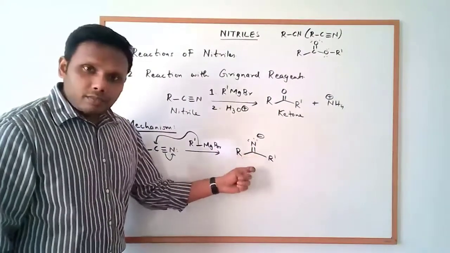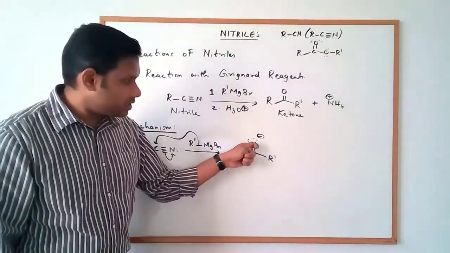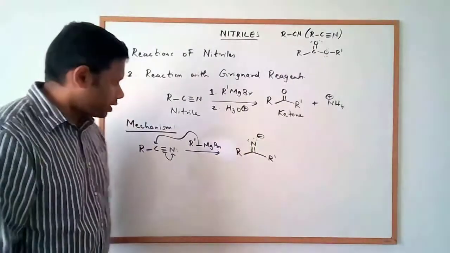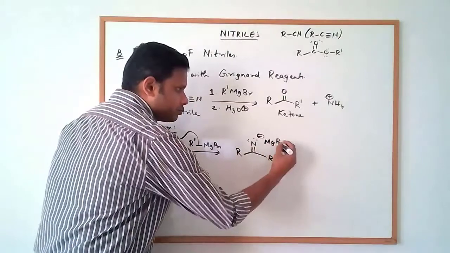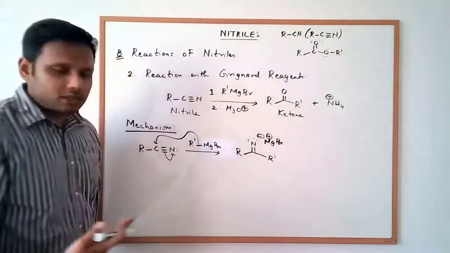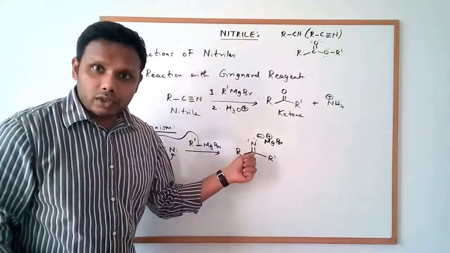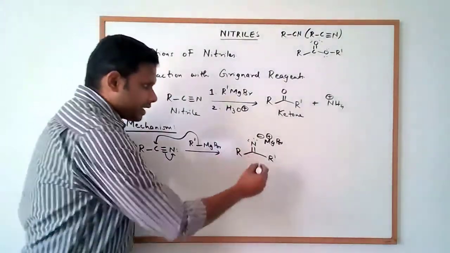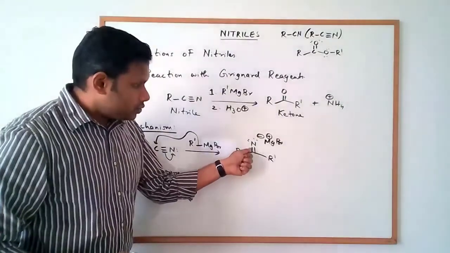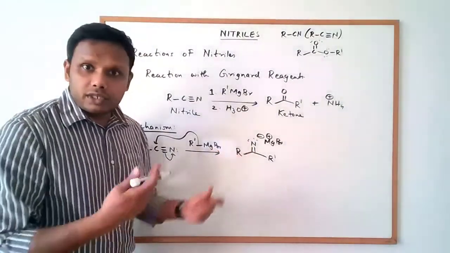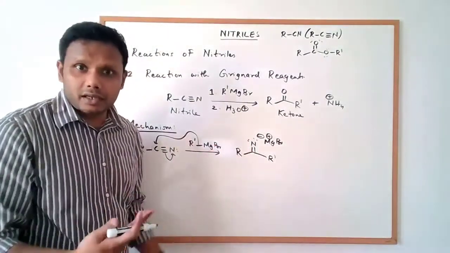Now, at this point, we've created a species in which there is a nitrogen with one negative charge. And this negatively charged species might be balanced by the magnesium, which is positively charged. Now, since there is already one negative charge on this nitrogen, an attack by another Grignard on this carbon, to open up that pi bond, which would give a species with two negative charges on that nitrogen, is highly unlikely.